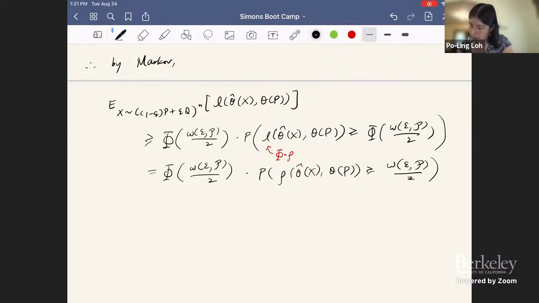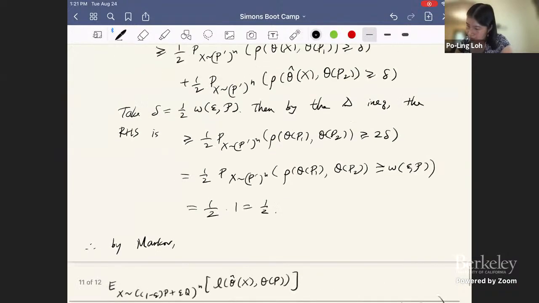So this is going to be greater than or equal to 1/2 times phi of omega of epsilon. Actually, I think I probably need to take a sup first. So taking sup over P and Q on both sides and using the inequality above.